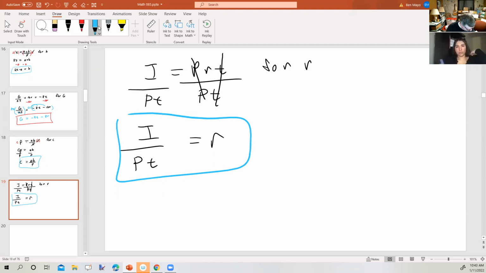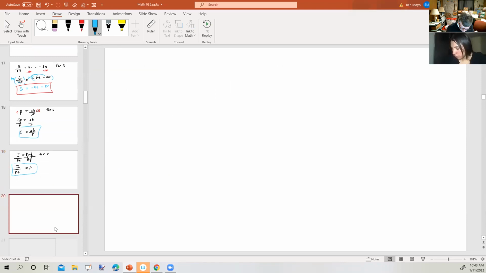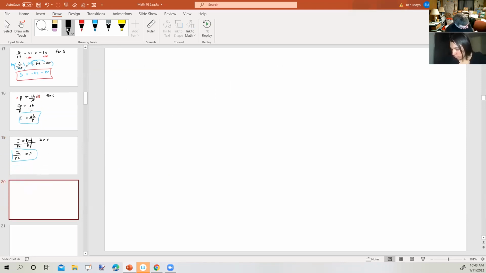Okay. Let's go ahead and do some application problems. This says credit cards. The finance charge that a student pays on his credit card is 19.8% APR, annual percentage rate.